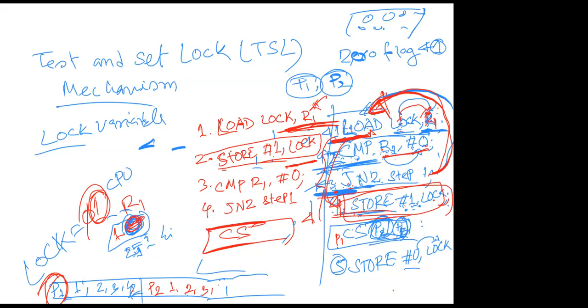So another process cannot enter the critical section at the same time. So here there are three points, in three places actually, where a process can be preempted, and then two processes can enter the critical section. Here there is only 1 point. If it is preempted here, there is no problem, only one process can enter the critical section.